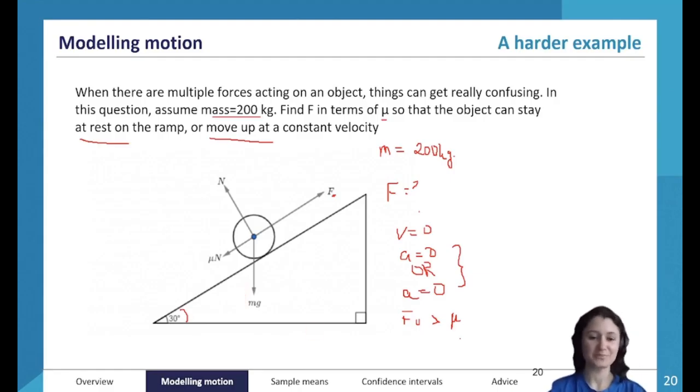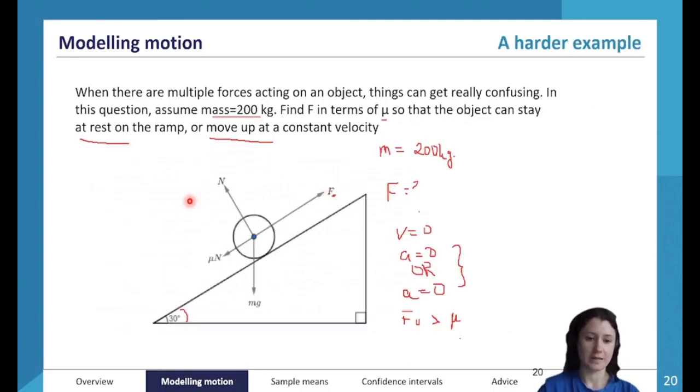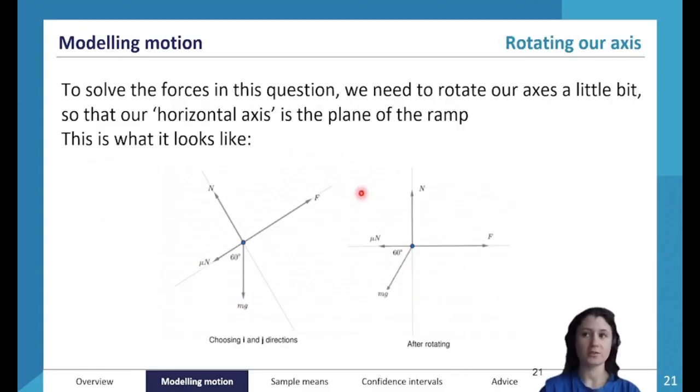Pretty intuitive. So, before we move on and actually complete this question, let's have a look at the easiest way to actually do it. Alright? Instead of drawing it like this, directly onto this inclined plane, if you just rotate this, it will be a lot easier. Alright?